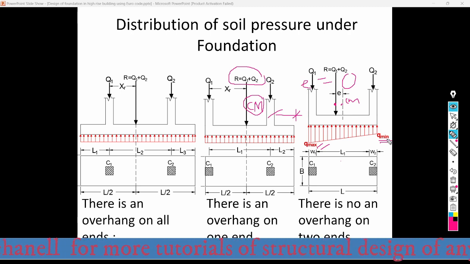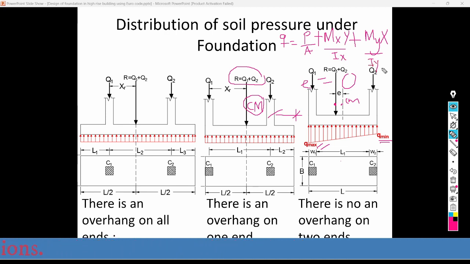So Q max and Q min can be calculated using the flexure formula, that is Q equals P over A, where P is the total column load over the area, plus the eccentric moment, that is Mx times y over Ix, where Ix is the moment of inertia about the centroidal axis of the foundation, plus My times x over Iy.